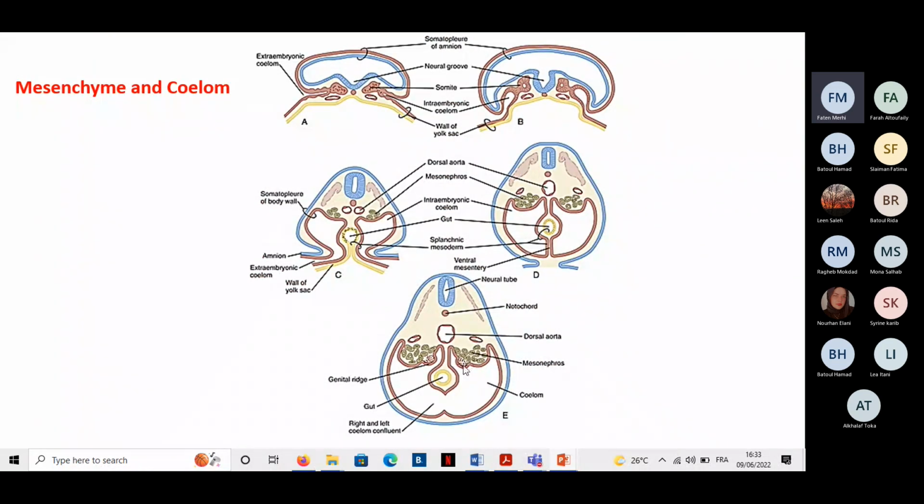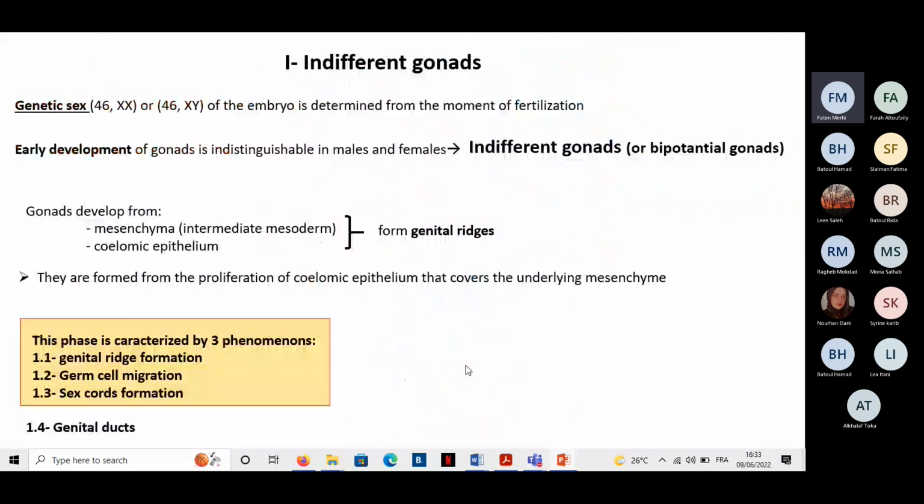They are only composed of mesenchyme and the coelomic epithelium. Later, we will have a second step in the indifferent gonads formation, which is the germ cell migration. And then a third step, which is the sex cord formation. We will talk about them.